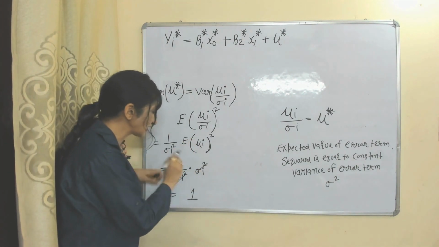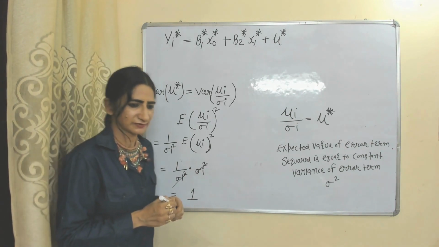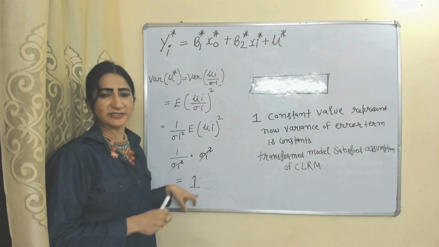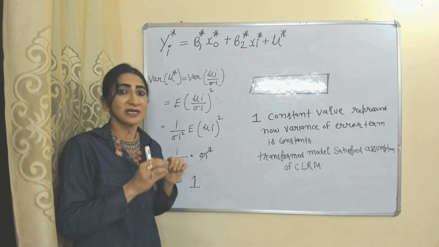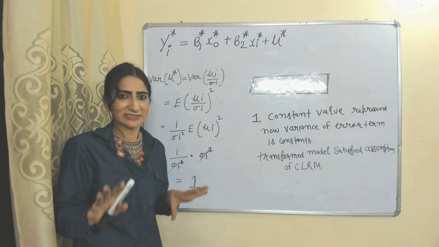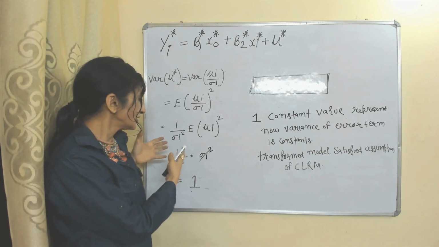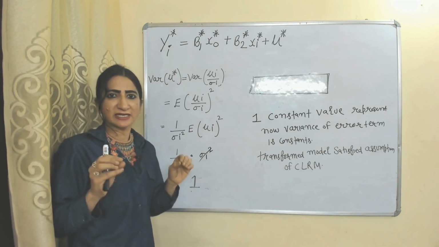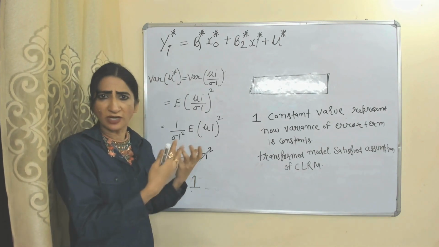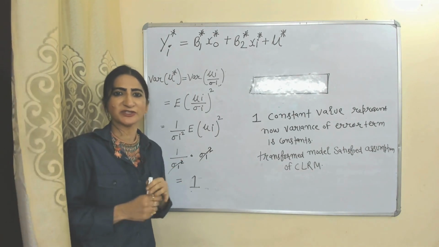This and this will cancel with each other, and it becomes equal to 1. This represents that the variance of the error terms is now constant. That means there is no heteroscedasticity, there is homoscedasticity, or you can say our transformed model now satisfies the assumptions of the classical linear regression model. So now without any fear we can apply OLS in order to receive efficient results.